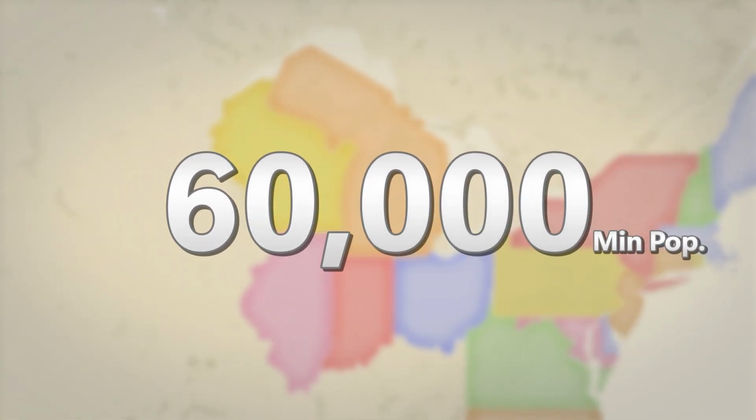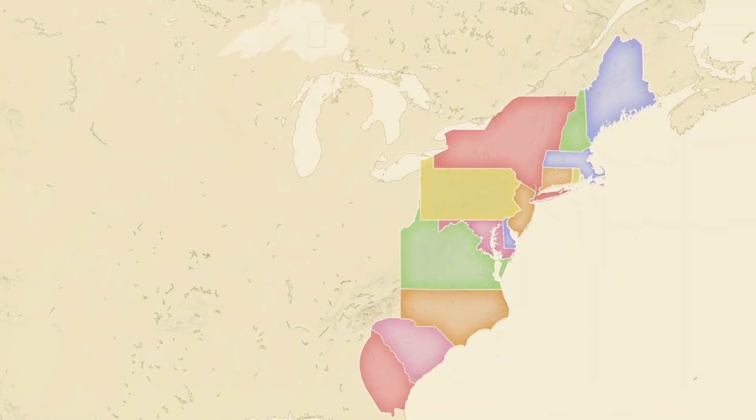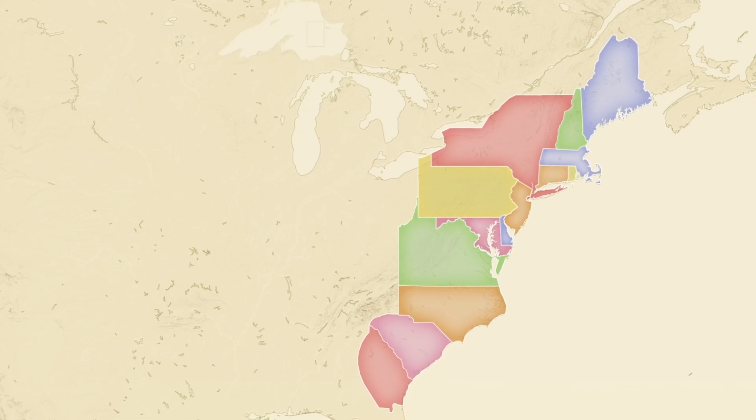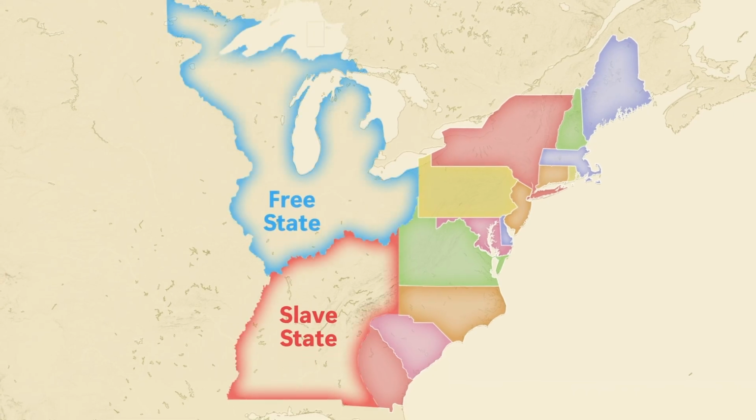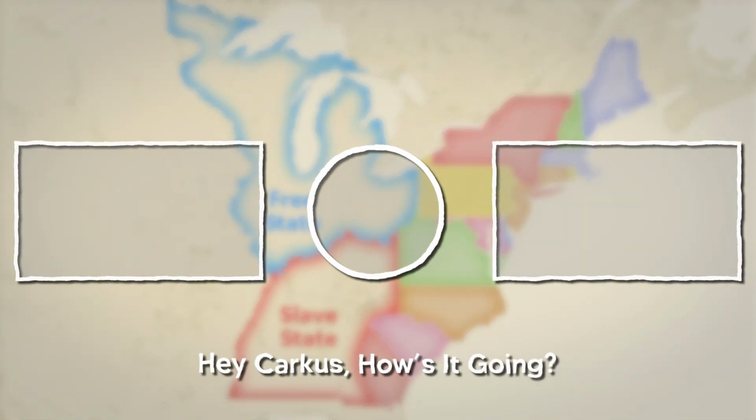This would become the standard for every new territory and new states going forward. Finally, only states formed in the Northwest Territory would be free states, and this unintentionally led to the downfall of the United States and the start of the Civil War, all because of a guy who got sick in Jersey.